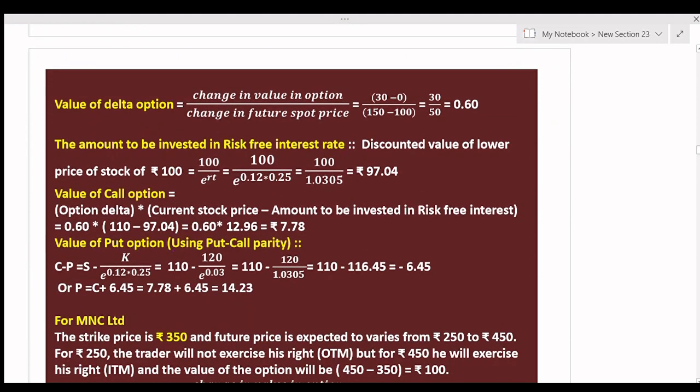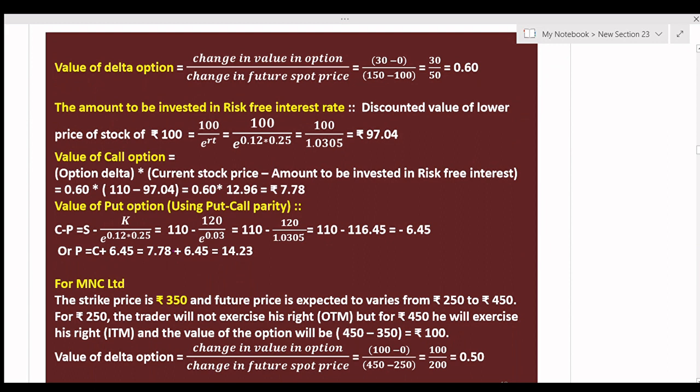Now the option delta is equal to change in value of option divided by change in future spot price. That is 30 minus 0 divided by 150 minus 100, that is equal to 60%.